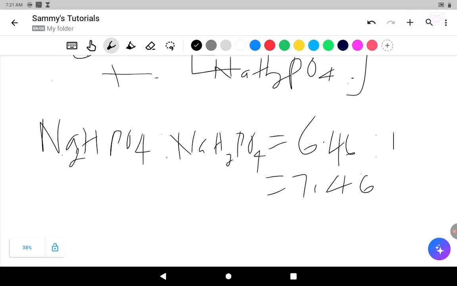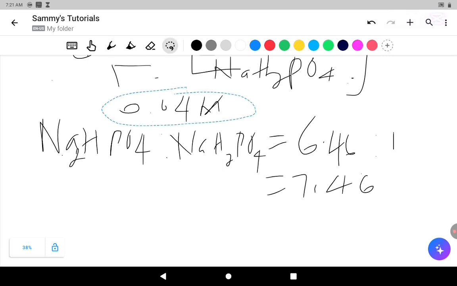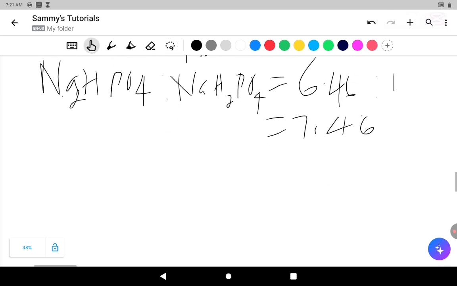Now you are going to get the individual concentration of these. Remember, the overall concentration they gave us was 0.04 molar. Now how do these two concentrations contribute or amount to this 0.04 molar? That's what we are going to find out now. This is the formula we use for this conjugate base.